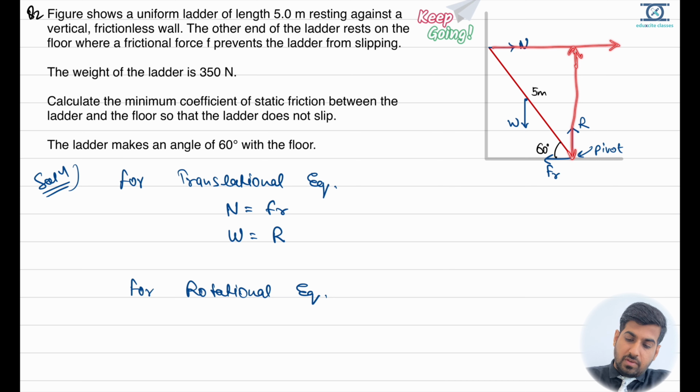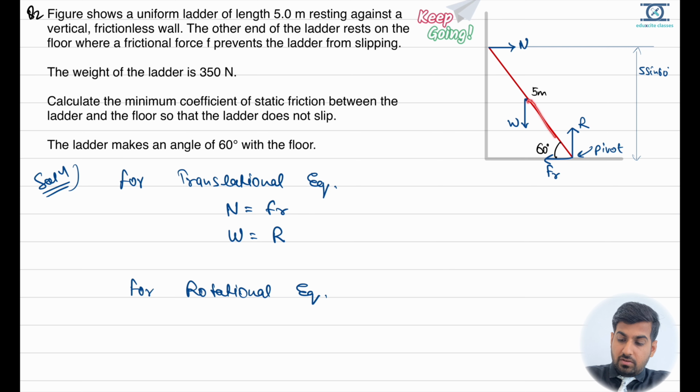So if we have the ladder length as 5, this distance will be 5 sine 60, right? Similarly, the line of action for W is this. So this will be the perpendicular distance, and this is the midpoint where we have considered the weight of the rod.